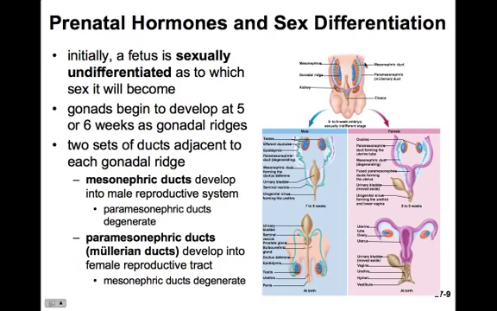Here, we've got the paramesonephric duct and the mesonephric ducts. The mesonephric ducts will develop into the male reproductive system, and the paramesonephric ducts will degenerate. However, if the fetus is to be female, the paramesonephric ducts, or Mullerian ducts, will develop into a female reproductive tract, and the mesonephric ducts will degenerate.